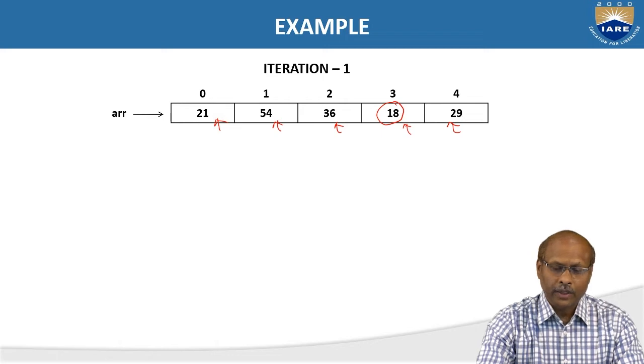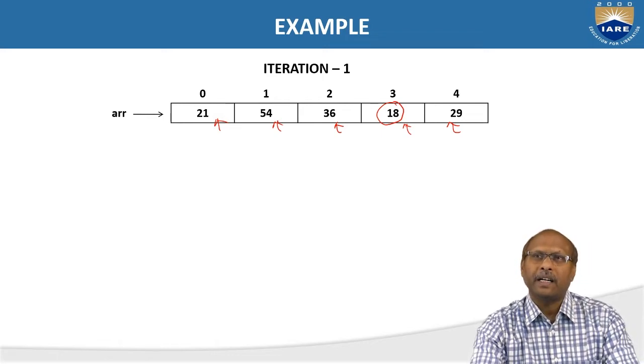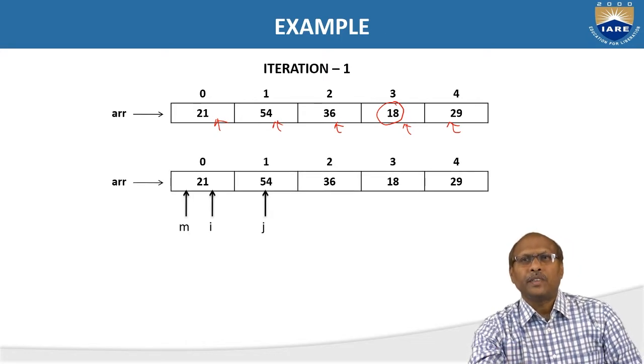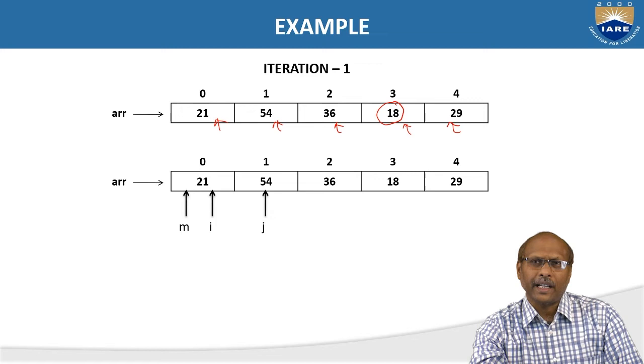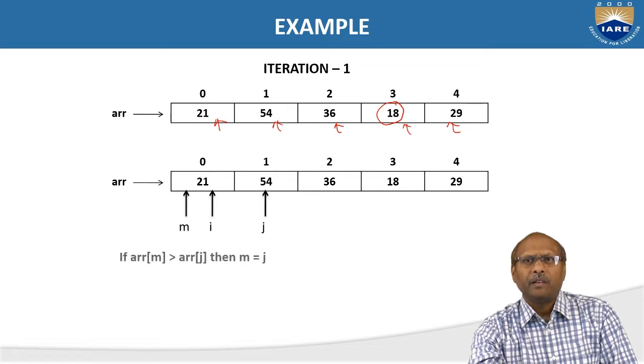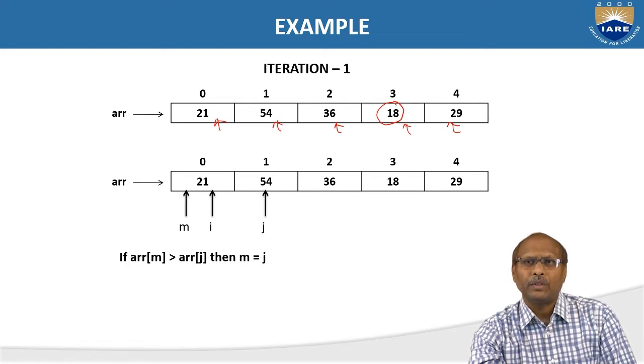So now let's see step by step in iteration. In the first iteration, the 18 will come to the 0th position. Now, I will assume m equal to 0 initially, and I also start j from 0 and compare. Whether array of m is greater or not. If this element is greater, then you have to swap it. Is 21 greater than 54?